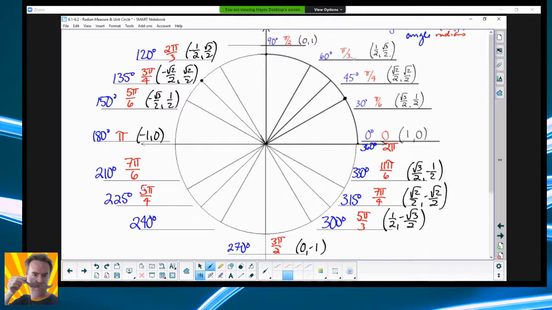And likewise, for the last one, we've got pi over 3 here. And I've got 3 pi over 3 here. So 3 pi over 3 plus another pi over 3 just gives me 4 pi over 3.